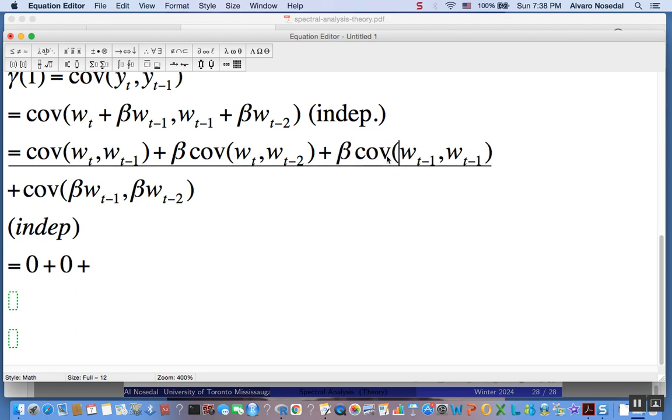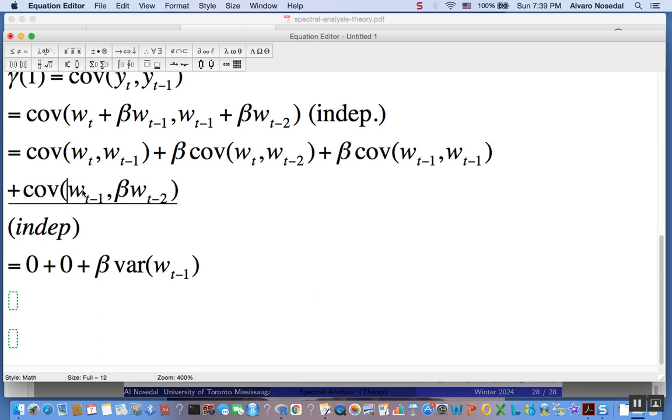And then you would have the covariance between WT minus 1 and WT minus 1, which happens to be the same as beta times the variance of WT minus 1. Let me just say variance. Okay, finally, you could pull out these two betas, and then it would be beta times beta, so that's beta squared.